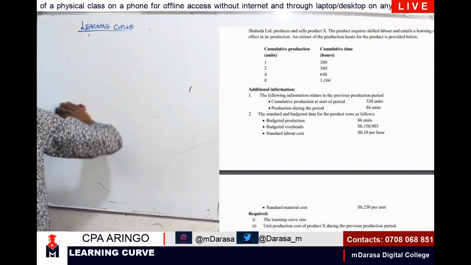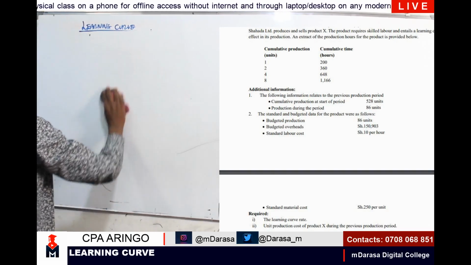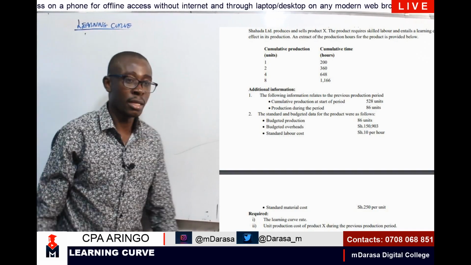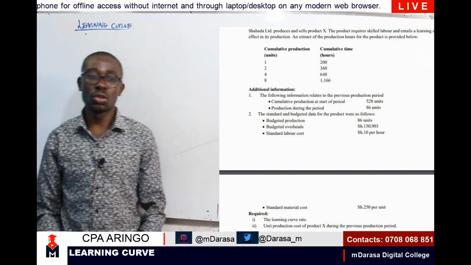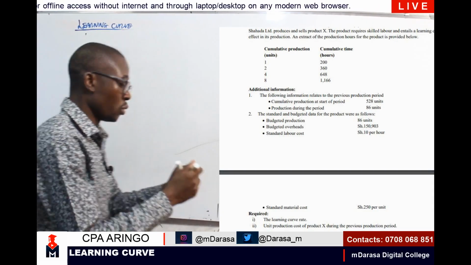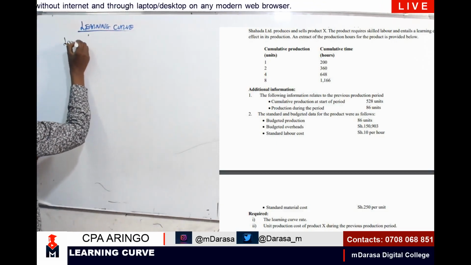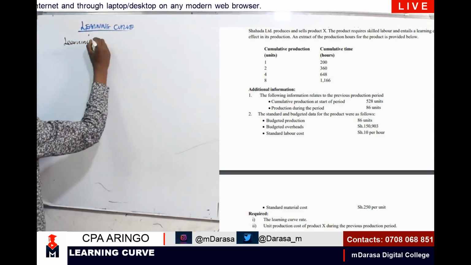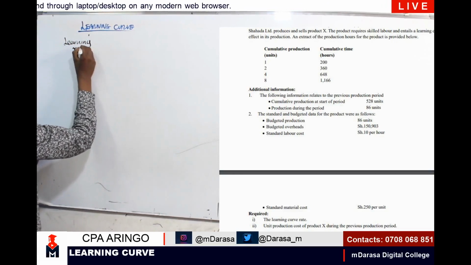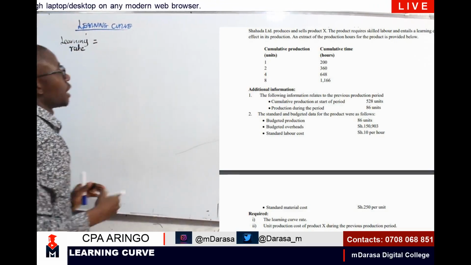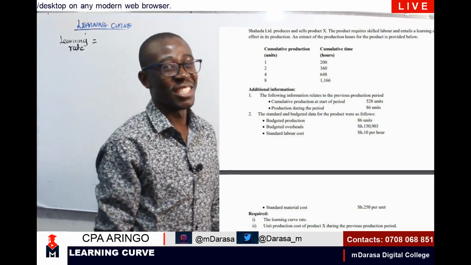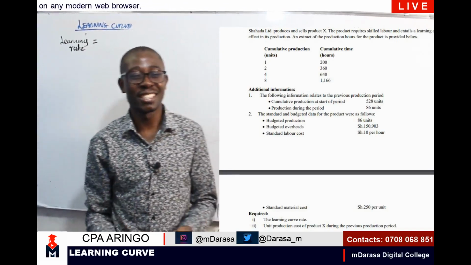At this point, it's vital to recall what we studied in our last class. If the learning rate is not given, it is very easy to determine it. How will you determine the learning rate, my good students?